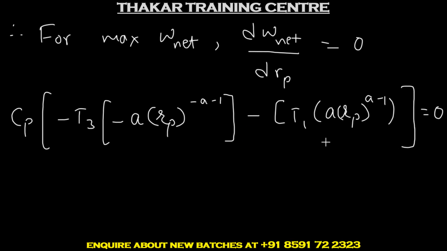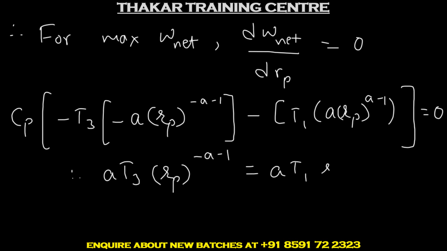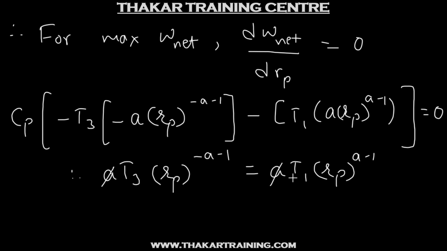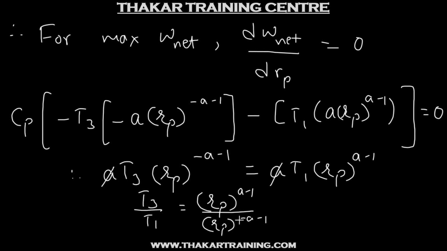So Cp gets cancelled. So this is A into T3 into Rp raised to minus A minus 1 equal to A into T1 into Rp raised to A minus 1. The simplification that we have done is this minus into minus becomes plus, and this negative term has been taken on the other side. So A gets cancelled. If we take T1 on this side, T3 by T1 will be equal to Rp raised to A minus 1, divided by Rp raised to minus A minus 1.